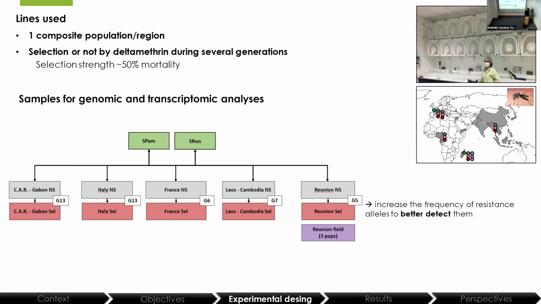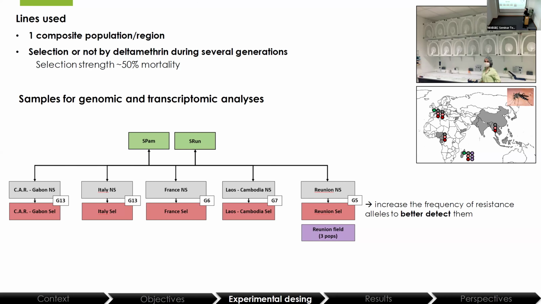So the first step of this work was to collect 6 to 7 field populations in each different region, and then we pooled them together to create one composite population by region.